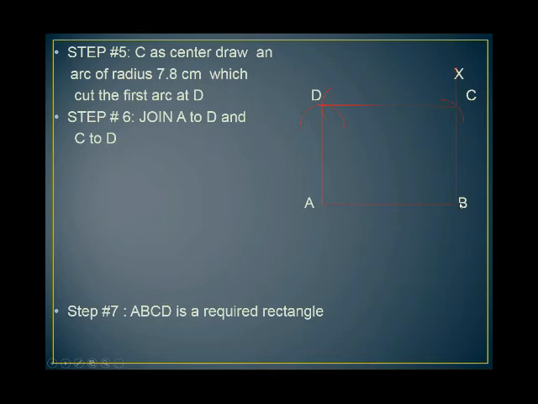Then we take the measurement of BC and, taking A as a center again, we draw another arc. Then we take the measurement of AB, the baseline, place the compass on C and draw an arc which cuts the first arc. In this manner, we get the next point, named D. Now we join D to C and D to A. Take a screenshot and we will move on.